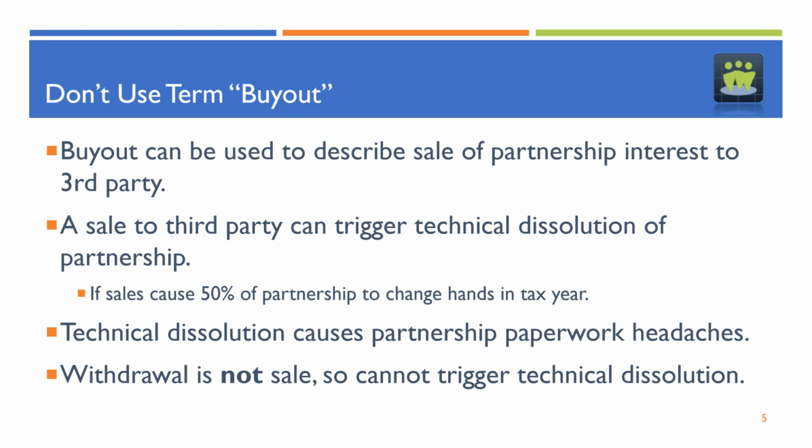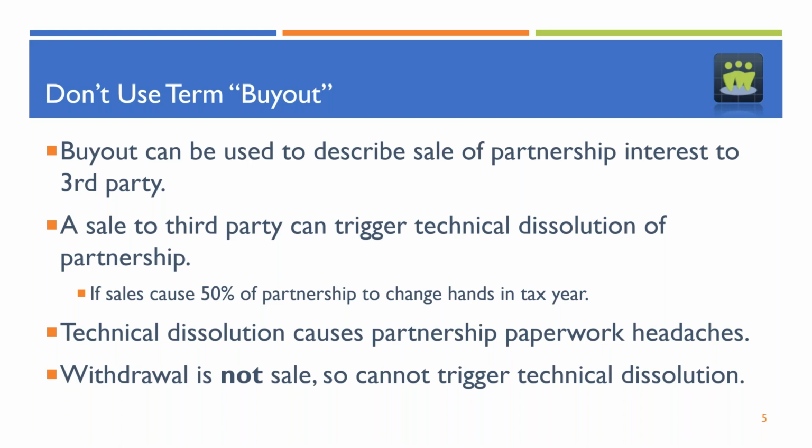So that's usually not a problem, but there is a big problem if it does allow a sale to the third party. It can trigger technical dissolution of the partnership. Now, usually it doesn't mean you have to get a new federal tax ID number, but it does add paperwork headaches with the IRS. So you want to avoid hitting a technical dissolution of the partnership.